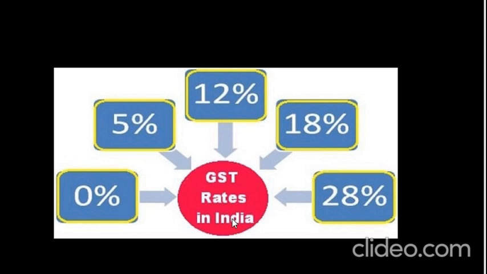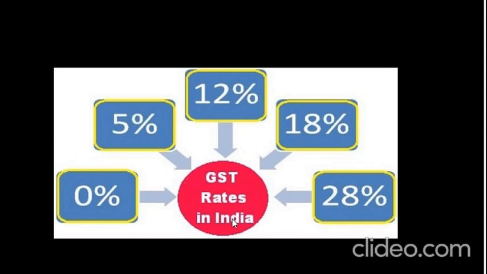Then we discussed that only the center may levy and collect GST on supplies in the course of interstate trade or commerce. The tax collected would be divided between the center and the states in a manner to be provided by Parliament on the recommendation of the GST Council. In upcoming videos we will learn what the GST Council is.